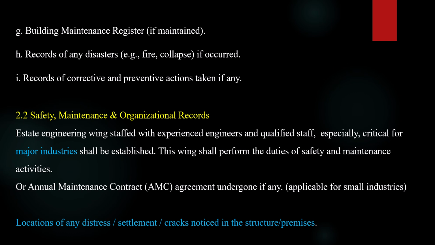This wing shall perform the duties of safety and maintenance activities, or the annual maintenance contract, that is AMC, agreement undergone if any, which is applicable for small industries. Then the location of any distress, settlement or cracks noticed in the structure or premises shall also be maintained.